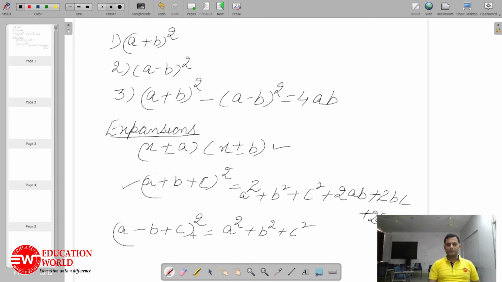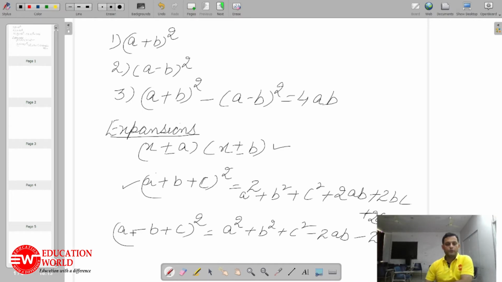But for the next ones, you have to see the combination. a is multiplied with minus b, so the answer will be negative, because when two same signs are multiplied, the result is always positive, and when two opposite signs are multiplied, the result is always negative. So minus 2bc, then c and a are positive, so that is why 2ca.